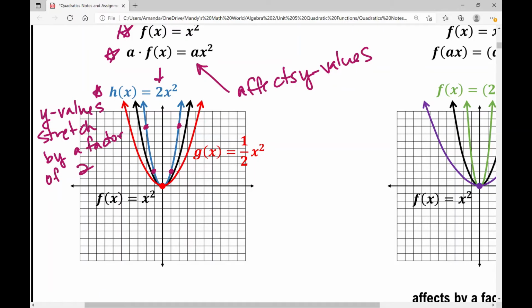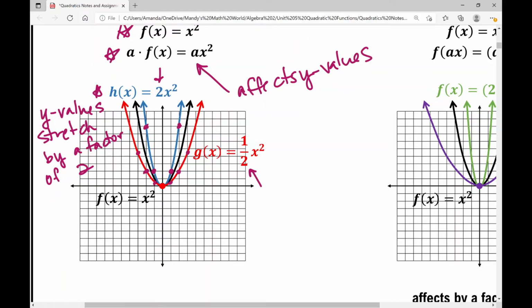If I look at the graph that is in red, g of x equals 1/2 x squared, well, instead of doubling all of my y values, I'm going to halve them. So instead of out 1, up 1, I'm going to go out 1, up 1/2. Instead of out 2, up 4, I'm going to go out 2, up 2. Instead of out 3, up 9, I'm going to go out 3, up 4.5.